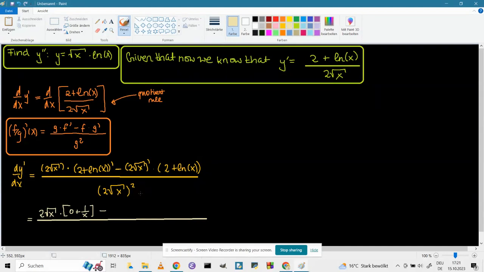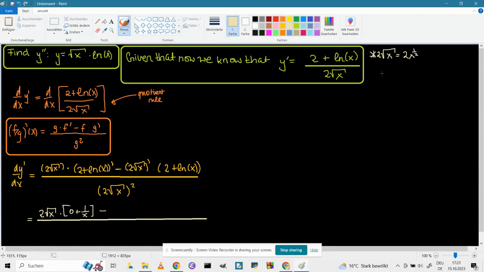And now, like I said in the beginning, the note was that 2 times the square root of x is actually 2 times x to the 1/2. And so if we want to derive that, I'm going to make a little note up here. That 2 times the square root of x is 2 times x to the 1/2.